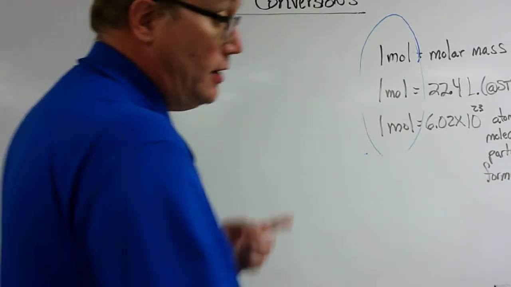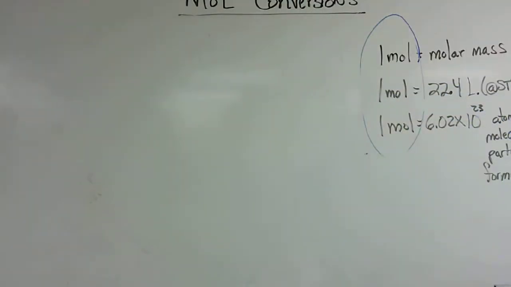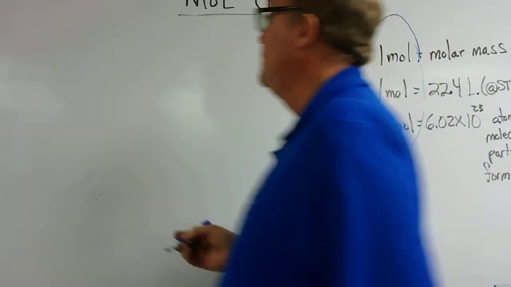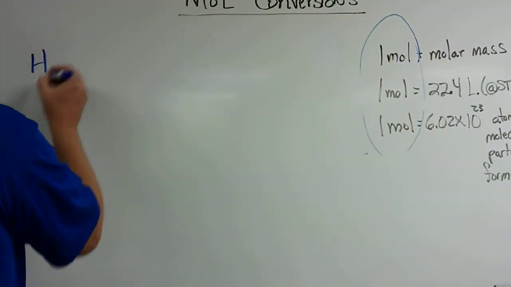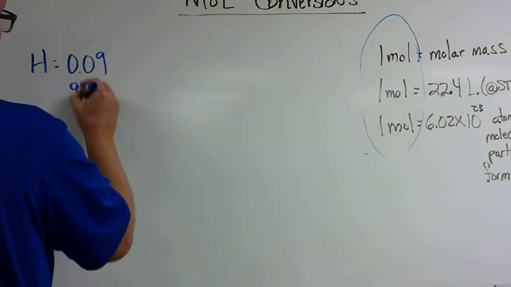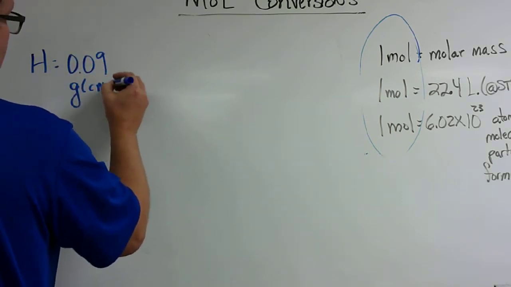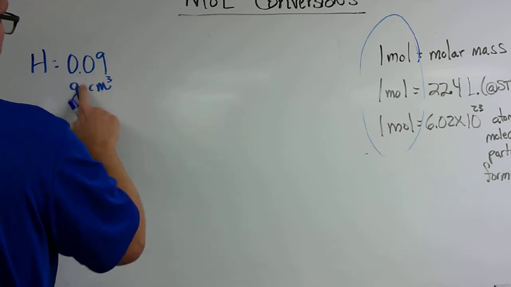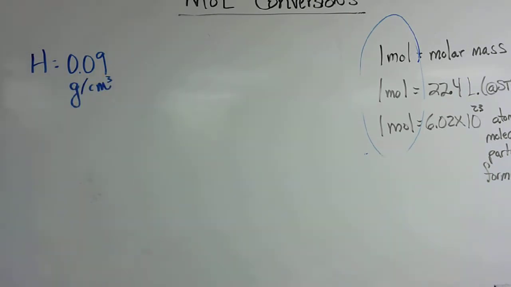Now let's go and add the stuff and actually add the mole into this. So I'm going to come over here and actually get another density. Let's go hydrogen. Has a density of 0.09 grams per cubic centimeter because it is very light. It's a gas.